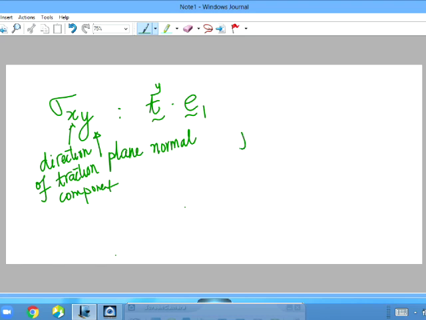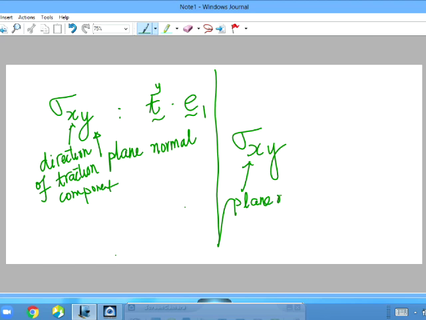They say that sigma xy is such that the first one is for the plane normal and the second one is for the direction of traction component. So it's actually the opposite.